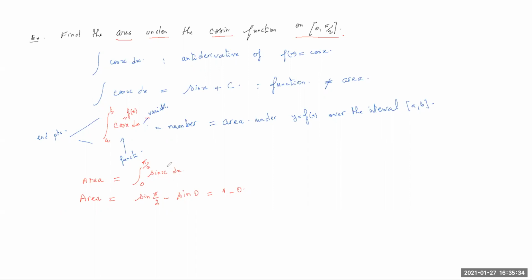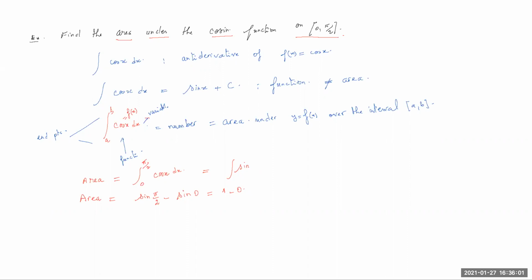Remember, the function is cosine, so it's cosine x. This is the area. They are asking you to write this. Now, using the theorem we established today, I can compute it if I know an antiderivative.